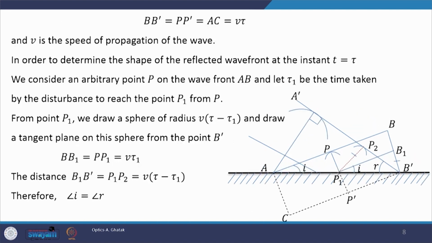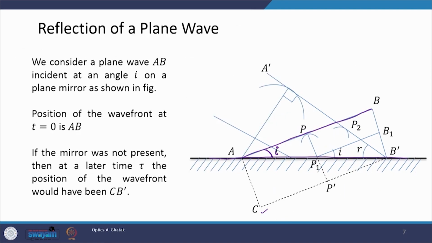Now, in this figure, let us again do what we did in refraction. Let us assume a random point P on the wavefront, and this point P propagates to point P1 on the mirror, and this angle i would be the angle of incidence. Suppose the time the point B takes to reach B prime is tau.